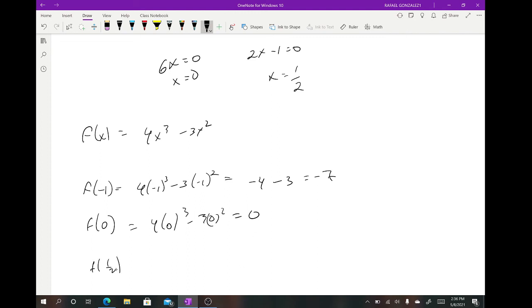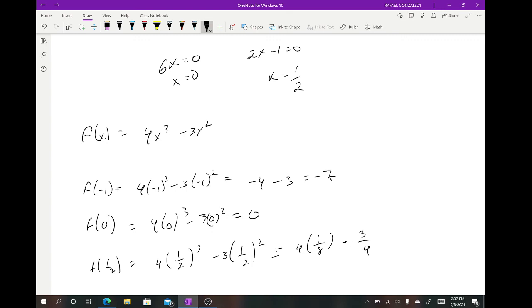F of 1/2 is going to be 4 times 1 over 2 cubed minus 3 times 1 over 2 squared. This is going to be equal to 4 times 1 over 8 minus 3 over 4.